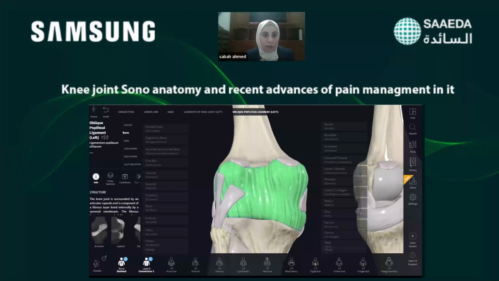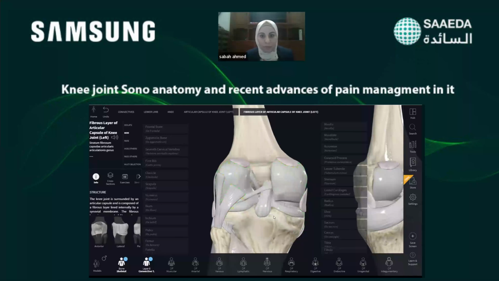So if we remove the joint capsule also, what we can see here is the posterior cruciate ligament, which is also an important ligament to be seen. It runs from the posterior part of the tibia toward the lateral part of the medial femoral condyle. It is attached to the lateral part of the medial femoral condyle. It passes between two important ligaments, the anterior and posterior band.